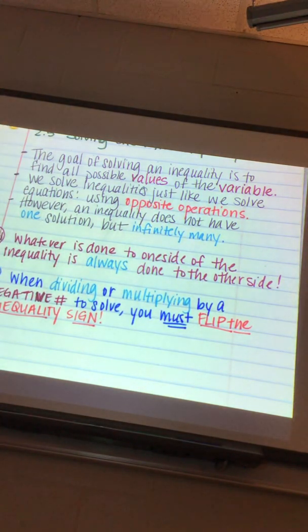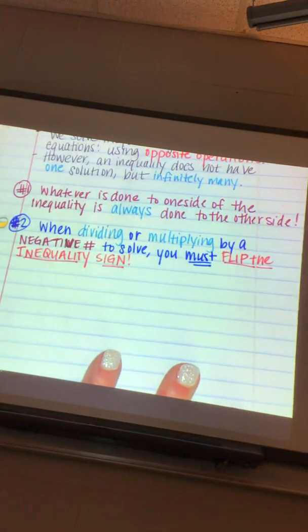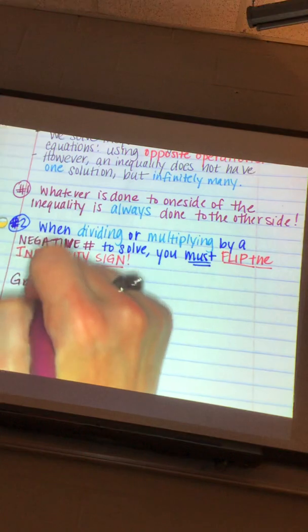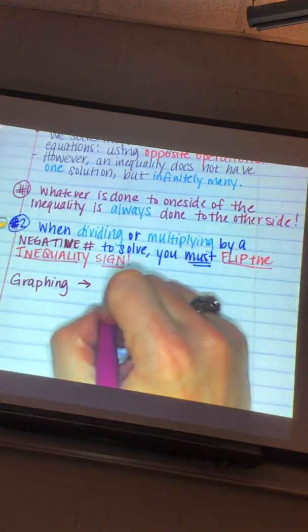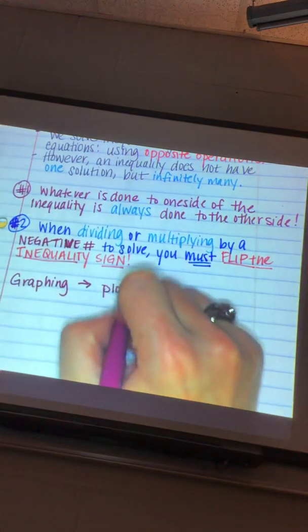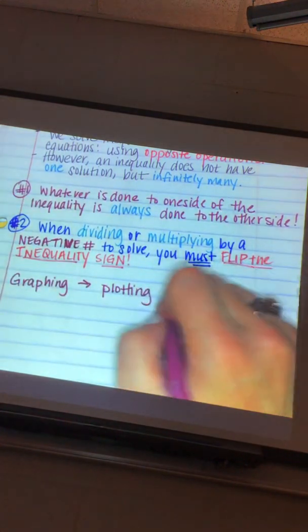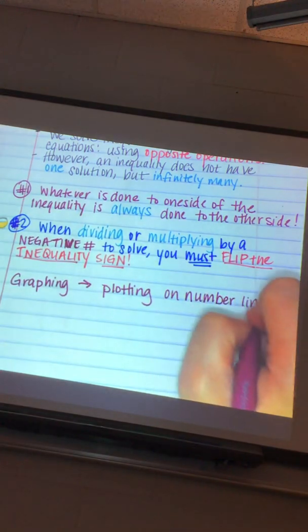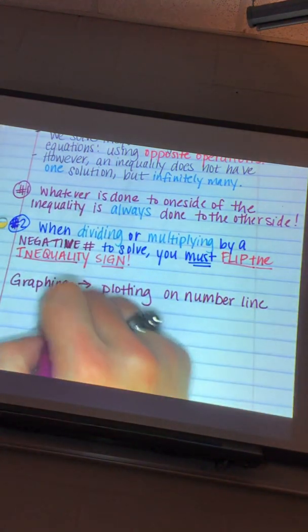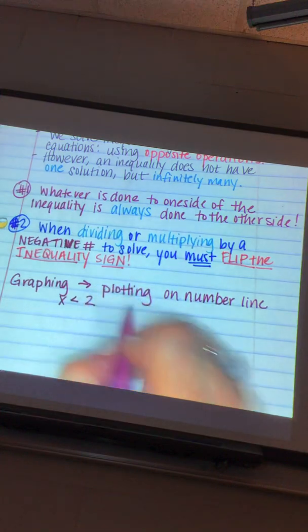But first, let's go over a few terms here. When you graph an inequality, graphing it means plotting it on a number line. So if x is less than 2, we draw a number line, okay?